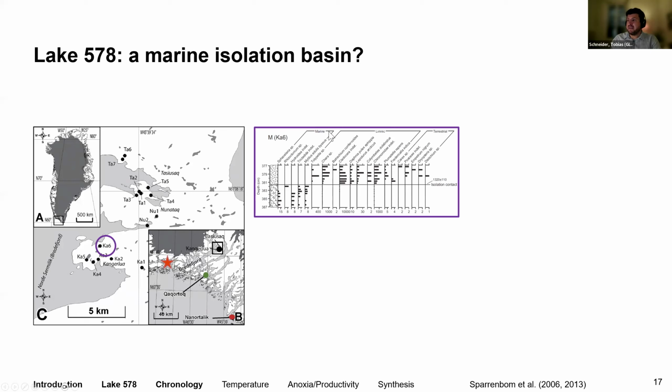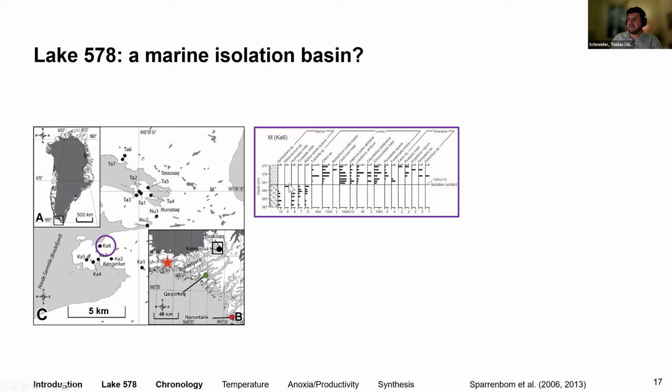So there's a marine, they did that based on different biological proxies, assemblage and presence of certain species of microorganisms such as algae. And they, for example, found here in this lake K6 a marine species until a depth of roughly 380 centimeter. And thereafter, they saw a drastic shift towards limnic and terrestrial species.